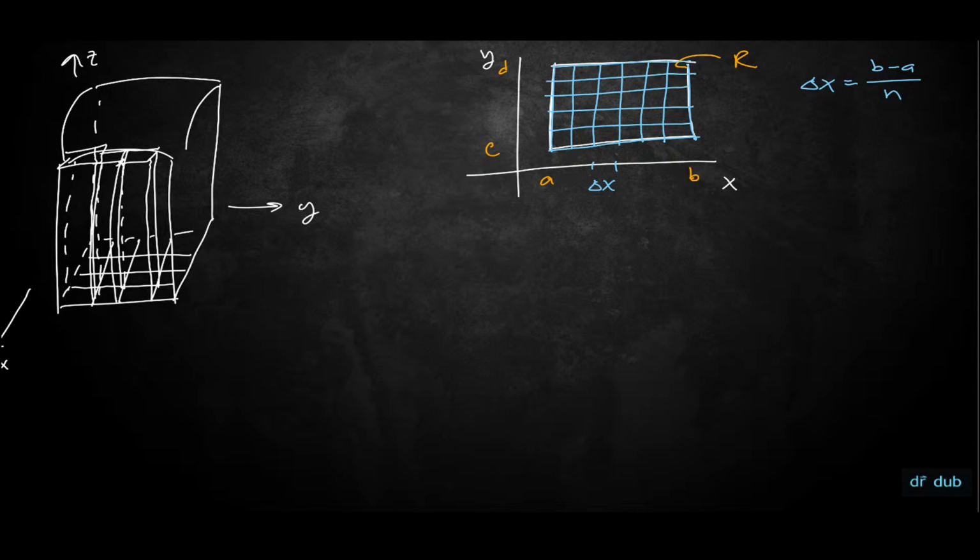And get a distance here of delta y. And delta y is going to be d minus c over m.